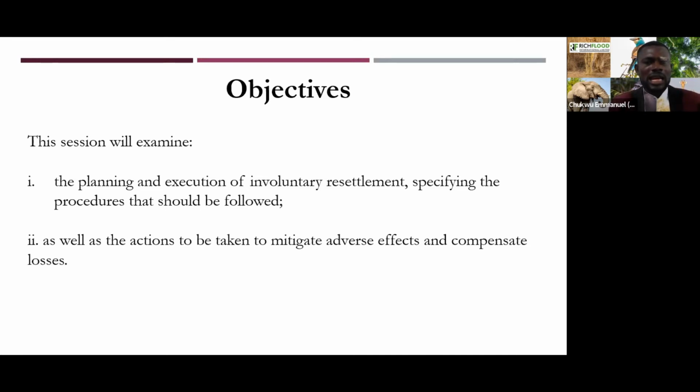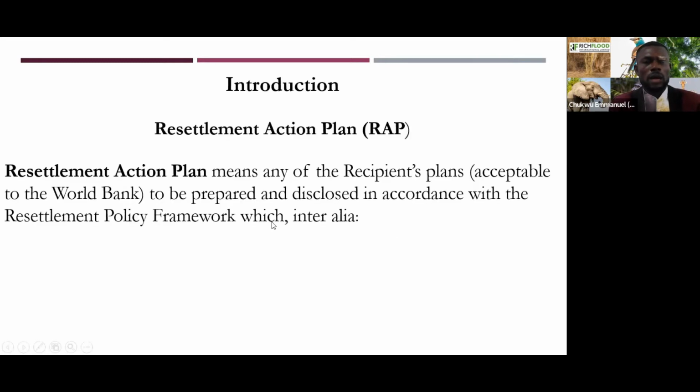Now we are going to be looking at the introduction of what the Resettlement Action Plan is all about. That is RAP. Now the Resettlement Action Plan was carefully coined by the World Bank to ensure that people affected as a result of developmental or investment projects are compensated accordingly.